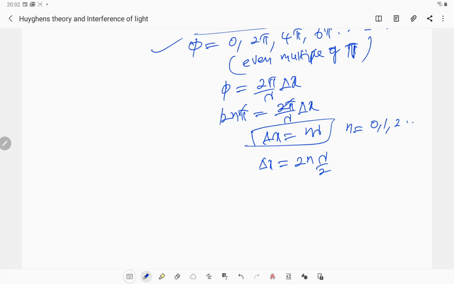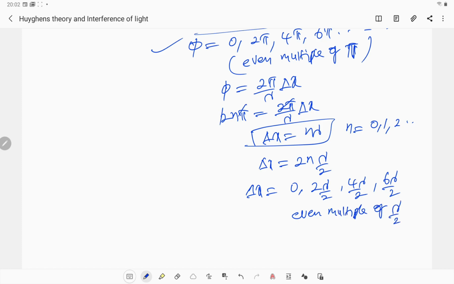So delta x is 0 for n equal to 0, 2 lambda by 2 for n equal to 1, 4 lambda by 2 for n equal to 2, and 6 lambda by 2 for n equal to 3. This is nothing but an even multiple of lambda by 2.